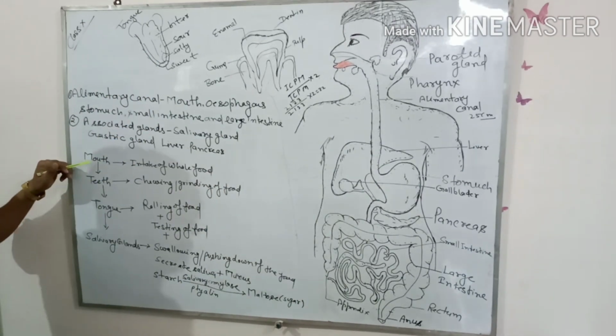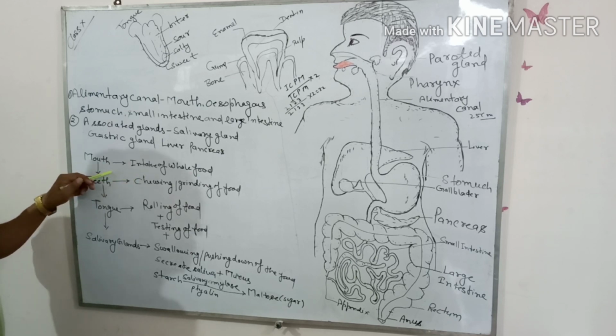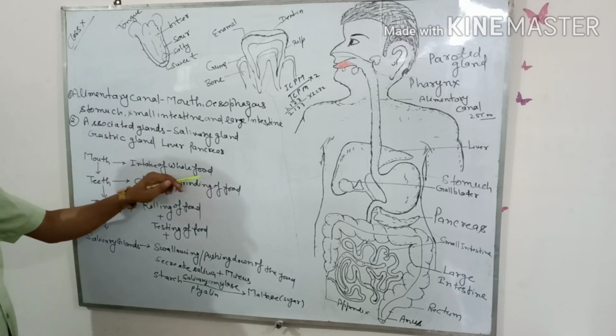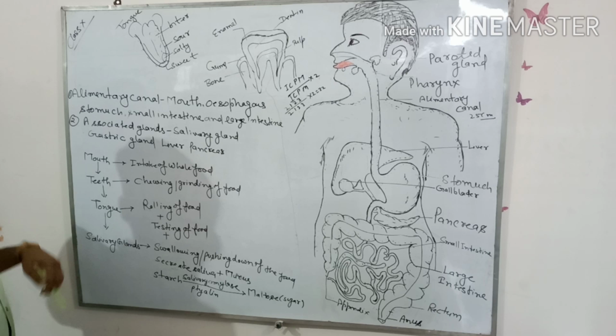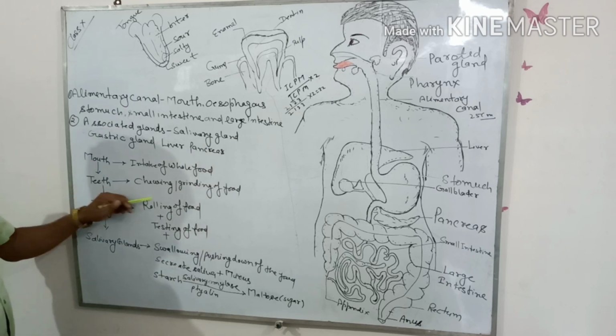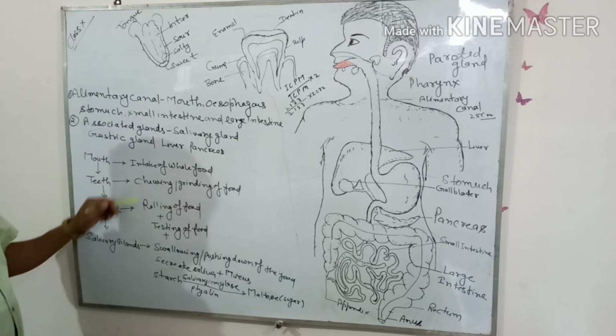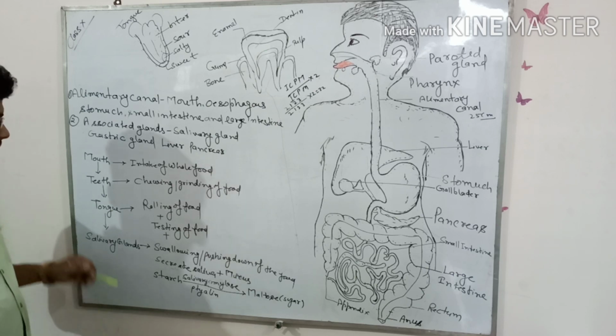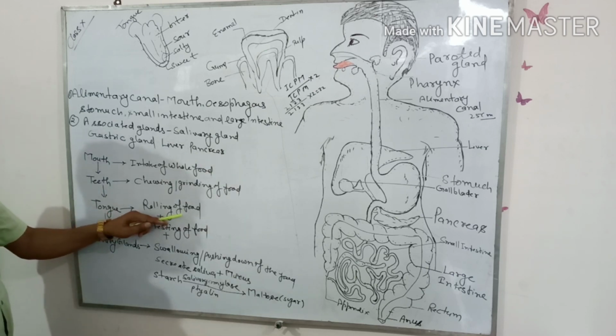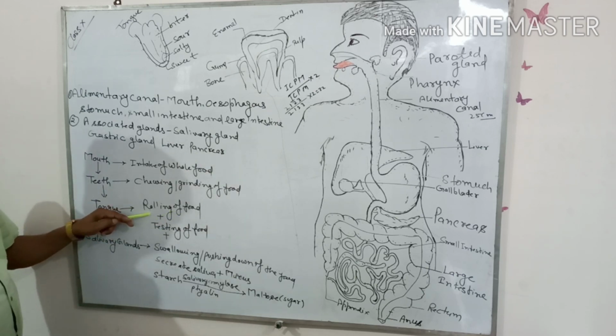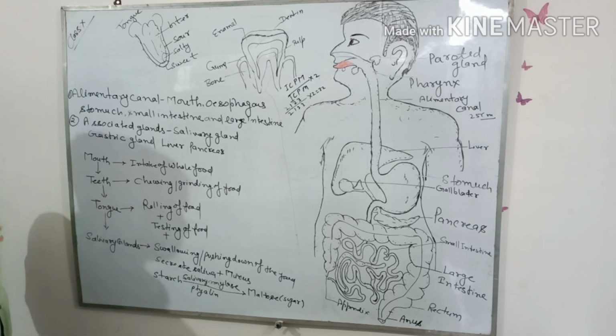The function of the mouth is intake of whole food. Teeth are for chewing and grinding of food, and the tongue is for rolling of food and tasting of food.